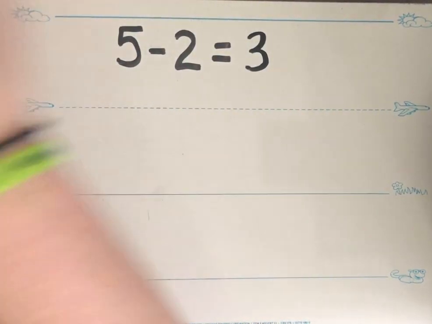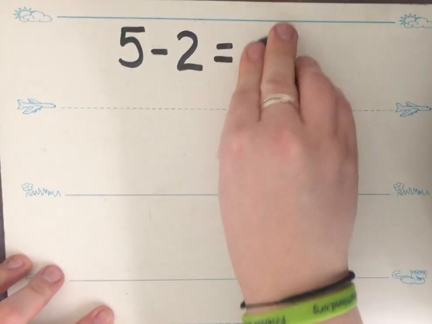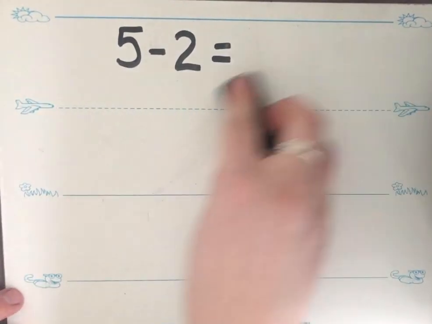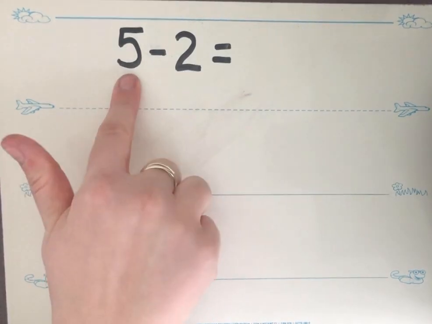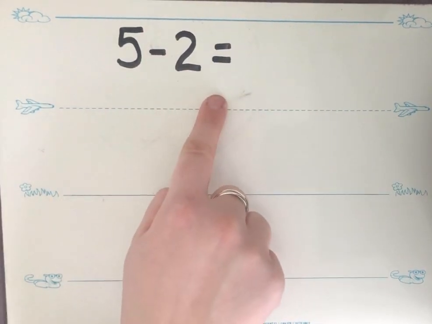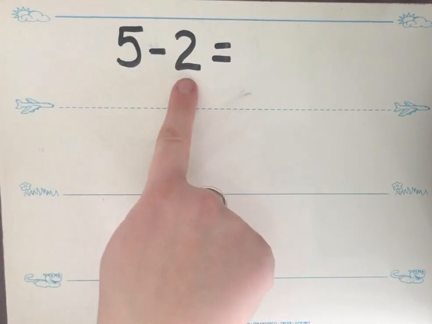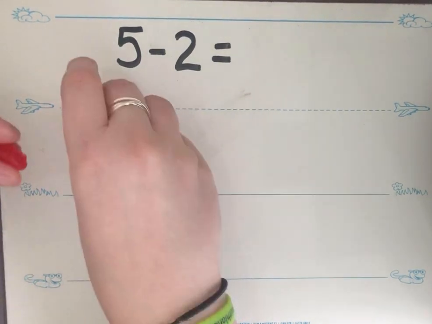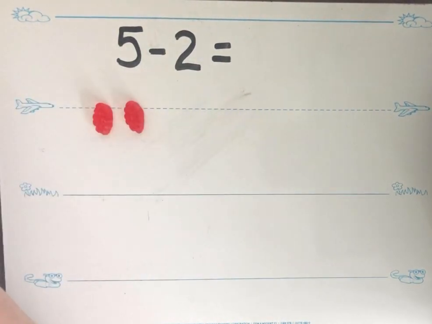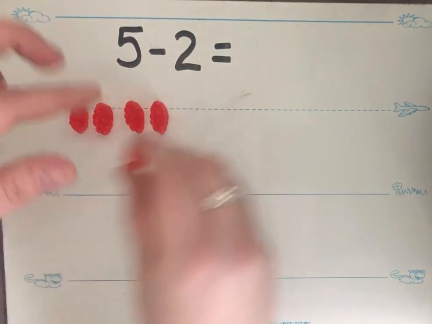If you wanted to make it a little more challenging, instead of you putting out the 5, I would then have them do it. So it's getting them to understand we're not putting out 5 and 2 because we're not adding. We're not putting out 2. We're starting with the number 5. So I would have the child put out the 5 objects, fruit snacks, Legos, whatever it may be that you are using.